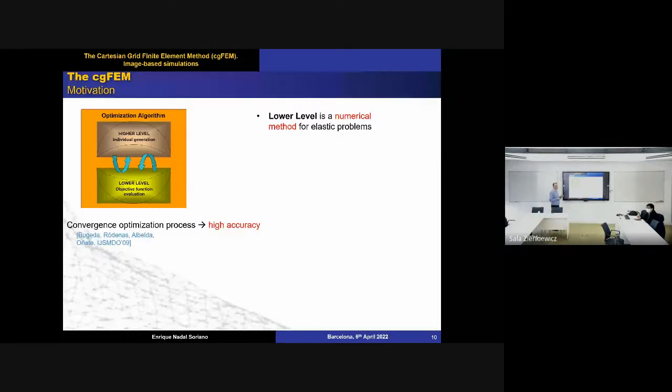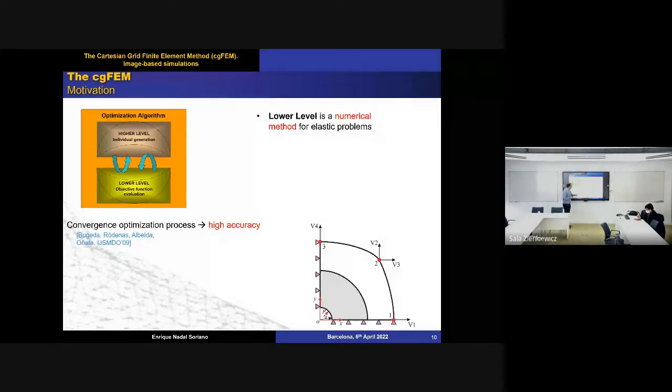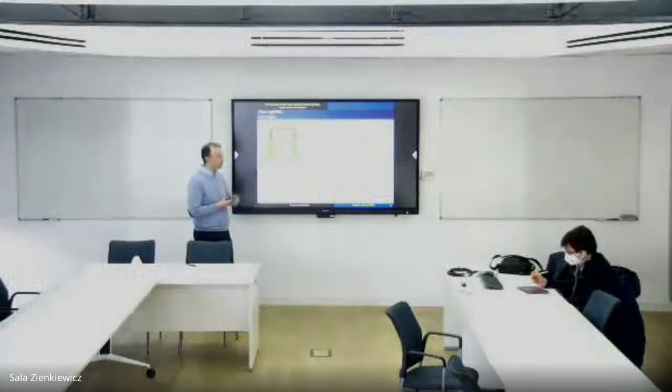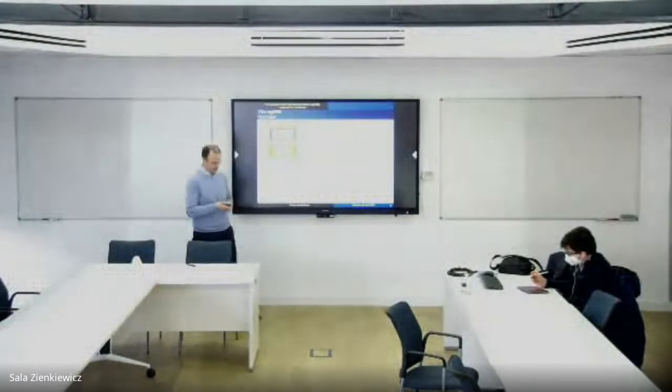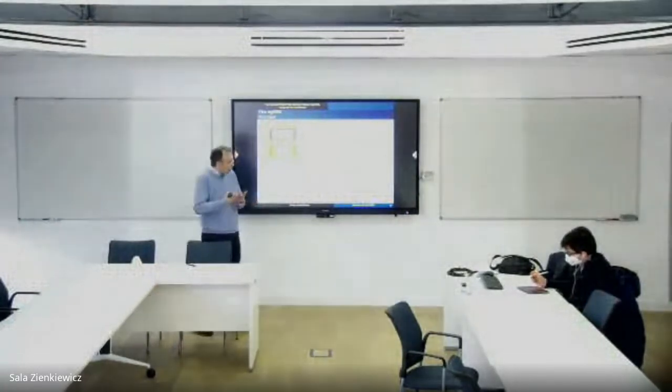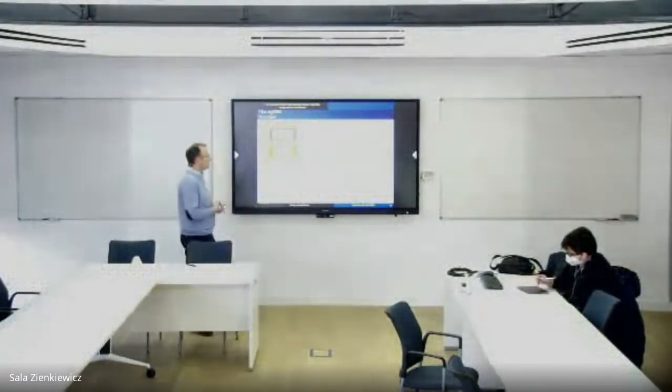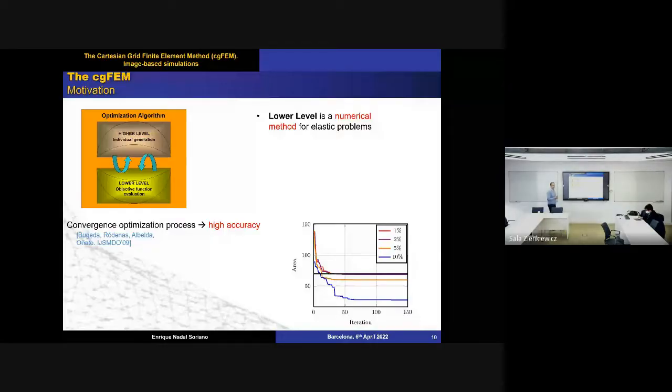For instance, in this problem, which is a cylinder under internal pressure, and the analytical solution is the gray area, we parameterize the external boundary with 4 variables. So we want to optimize the position of these 3 points, and then we will obtain the optimal shape that should be the gray area.